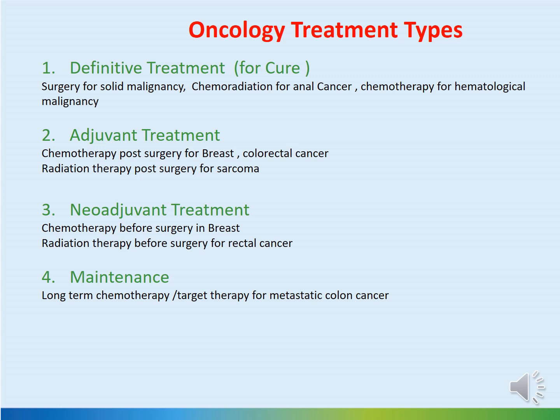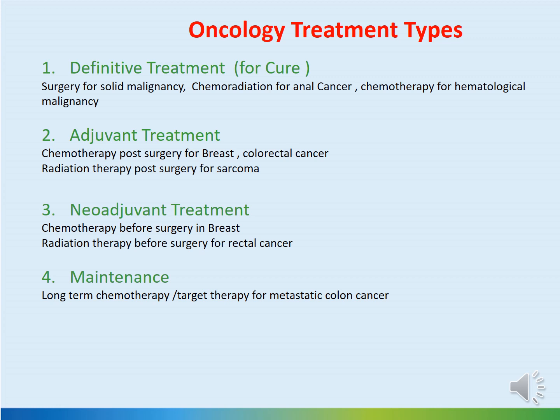And the last one: sometimes we give treatment as maintenance, just to keep the results which we reached after finishing all types of treatment, after the surgery or the definitive treatment, after we gave the adjuvant treatment. So the patient now has gotten results, a response to the treatment.